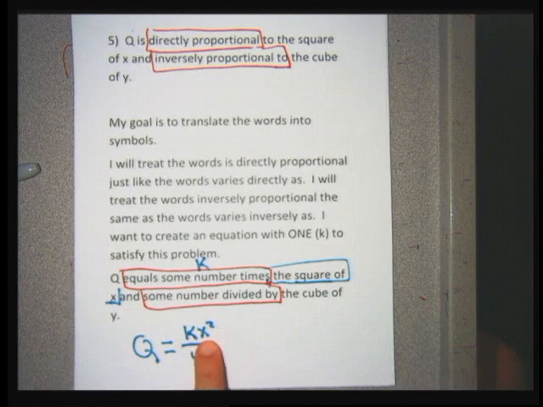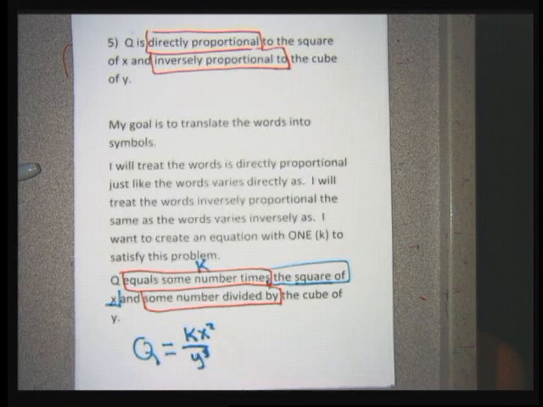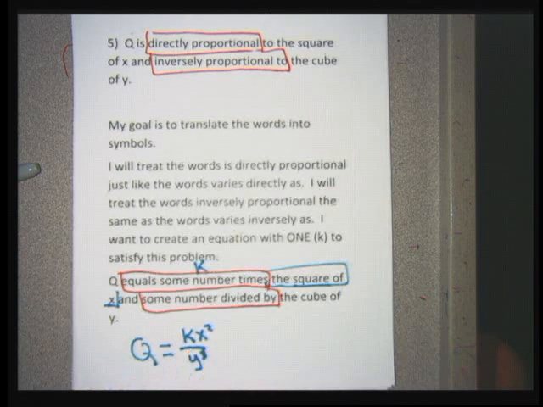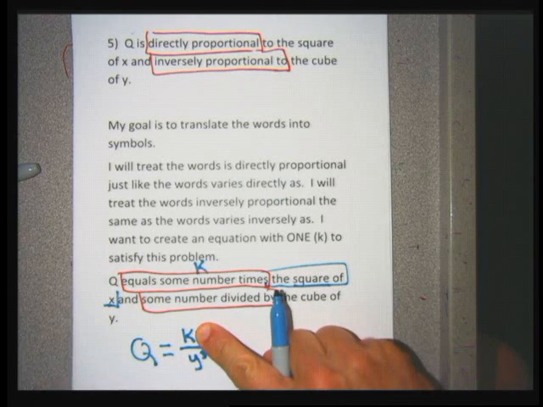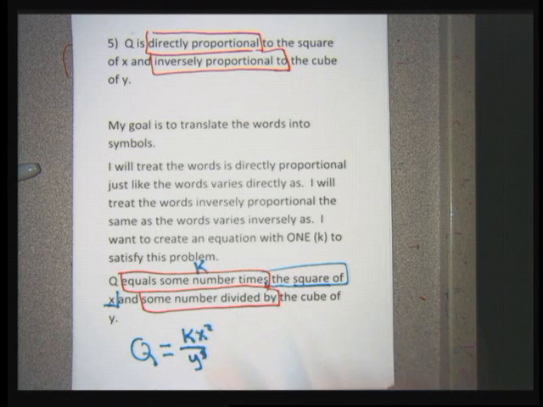I can see the directly proportional to the square of x if I just don't look at the y cubed. And if I don't look at the x squared, I can see the inversely, k over y cubed. So that would be how that one is supposed to be attacked when you have both directly and inversely in one problem and you want to do it with 1 k.